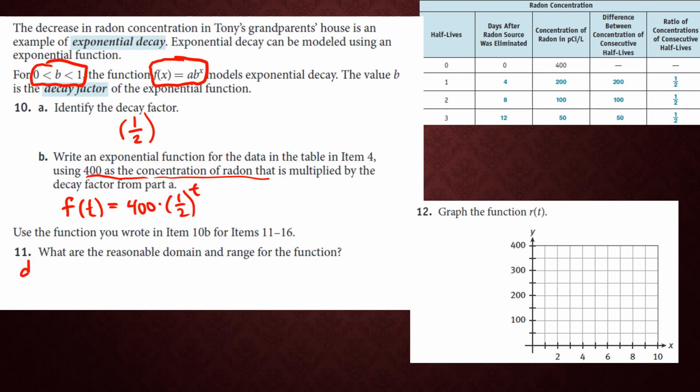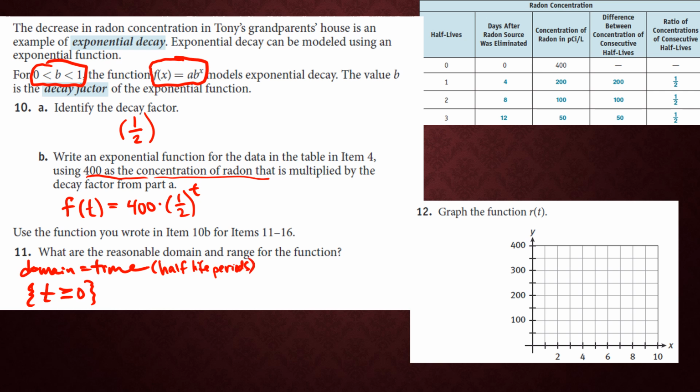The domain in this story is time, right? So a reasonable domain would be time can't be negative, so the time has to be greater than or equal to 0. In fact, we really want time based on half-life periods. So to be specific, half-life periods.